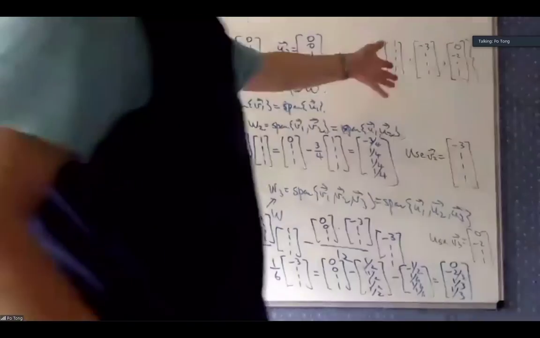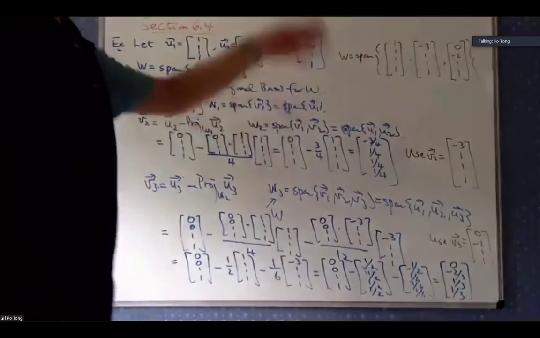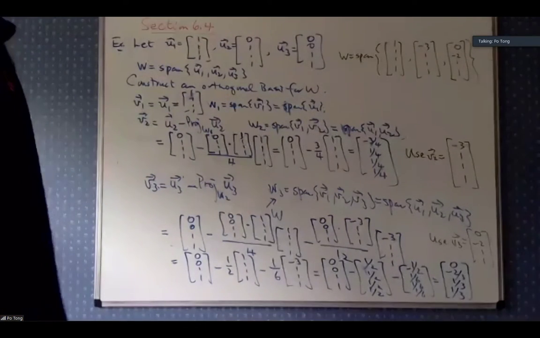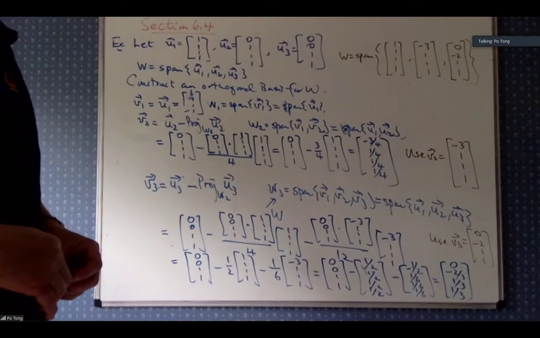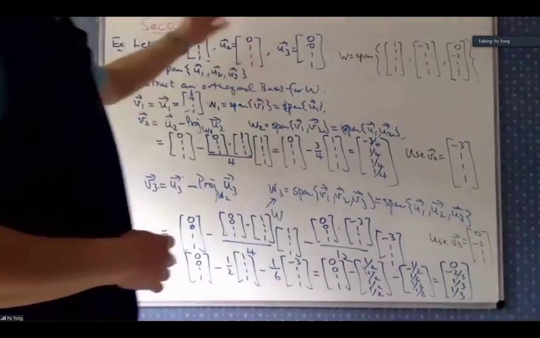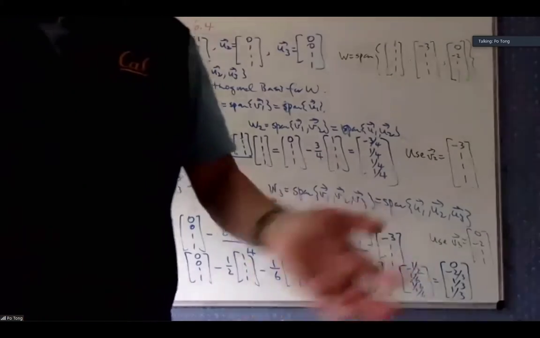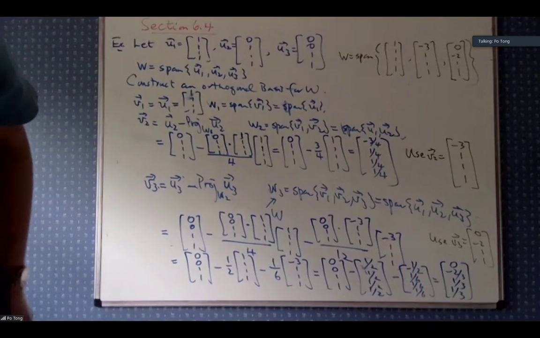Can we check whether they are actually orthogonal? Can you mentally check that? I'm pretty sure they are. Yes, they are. Any questions so far? It is just using the procedure I wrote on the board last time. Are we okay?